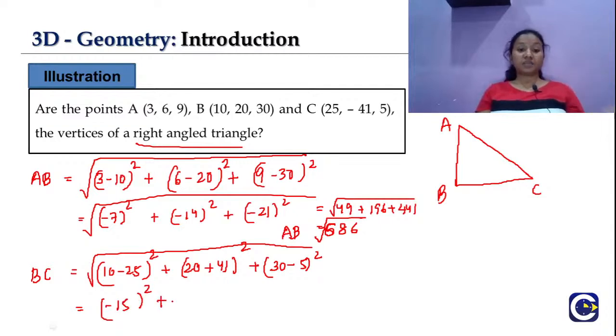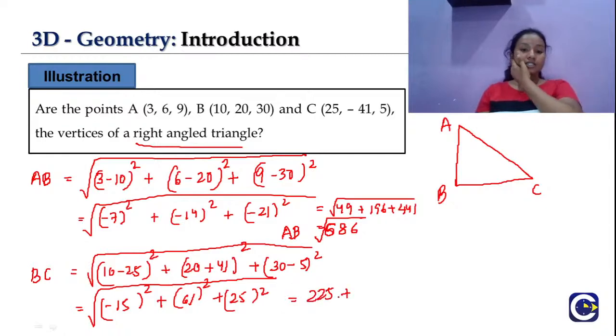And here 20 plus 41, so 61 whole square. And then 30 minus 5, it will be 25 whole square. So again square: 15 square will be 225, and then 61 square will be 3721, and 25 square will be 625.